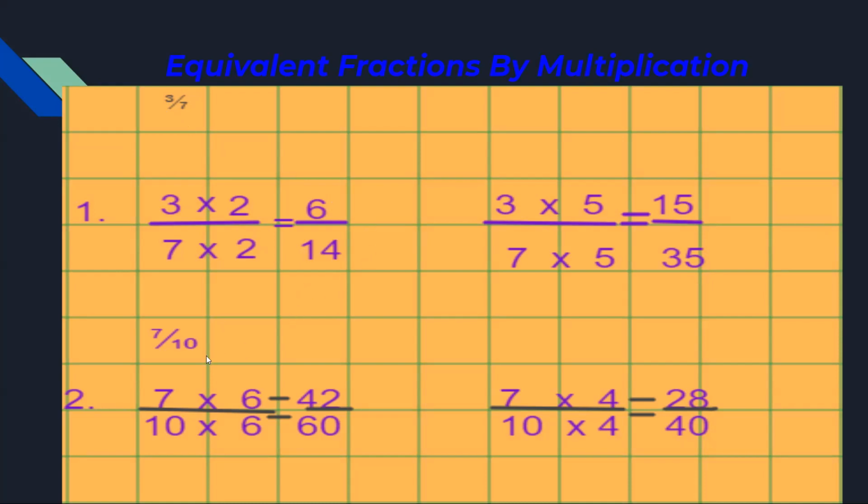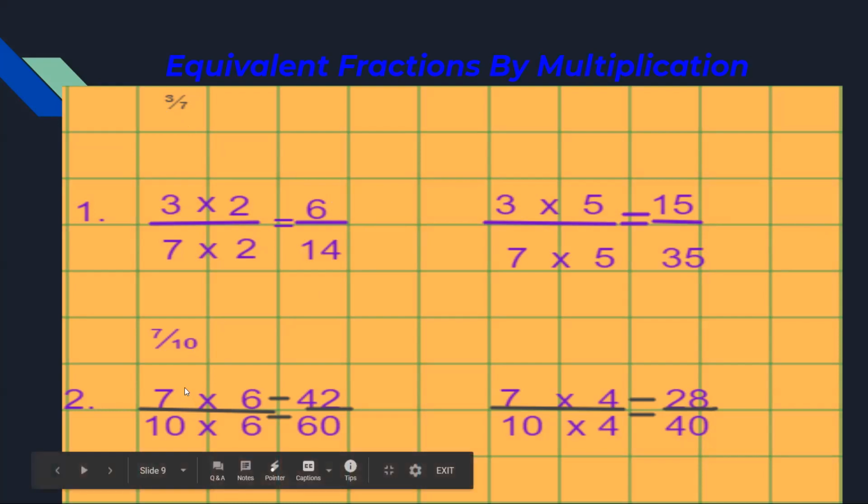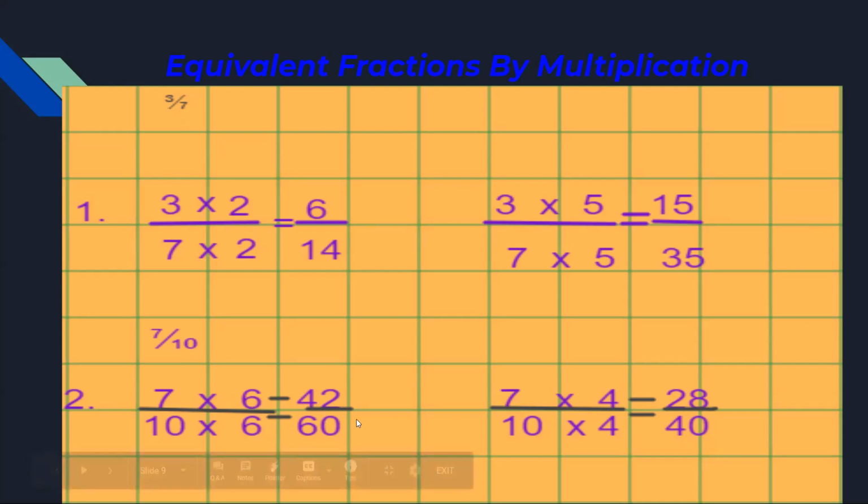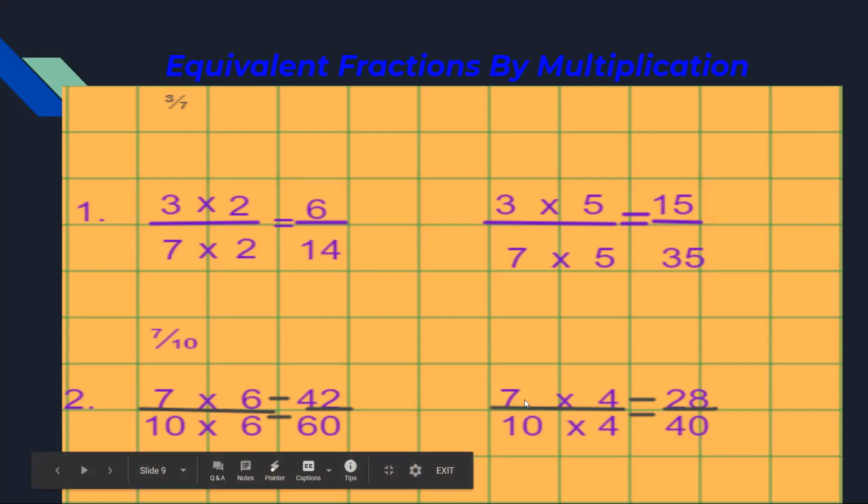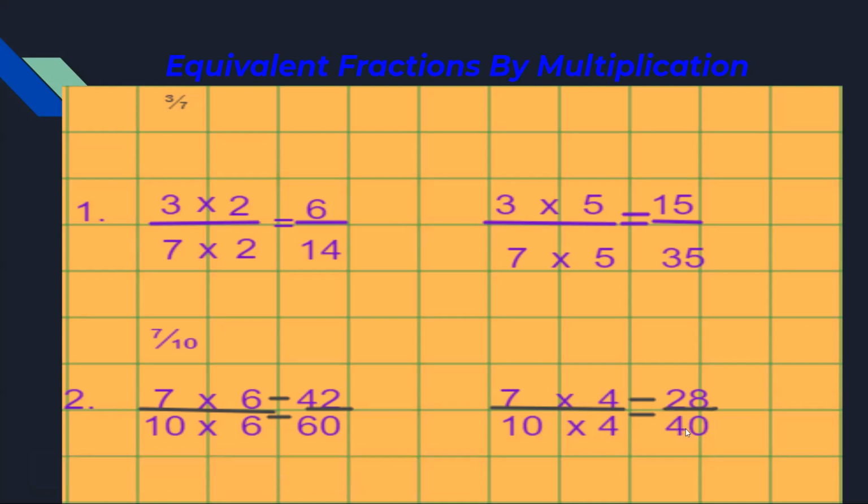The next sum is 7 upon 10. So the equivalent fraction is 7 into 6 upon 10 into 6, equivalent to 42 upon 60. And the next one, 7 into 4 upon 10 into 4, equivalent to 28 upon 40.